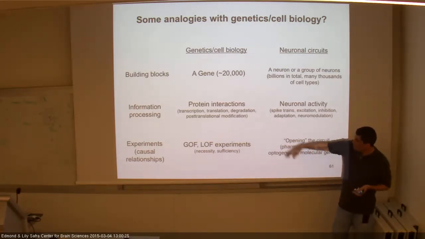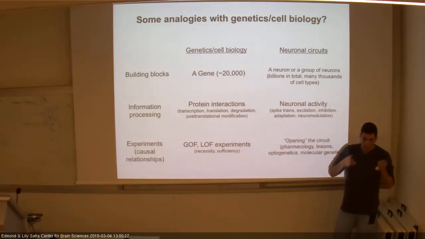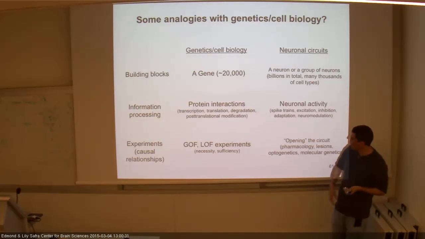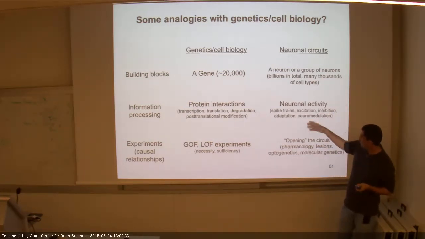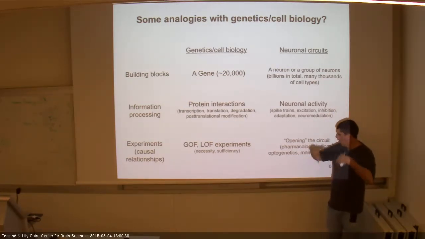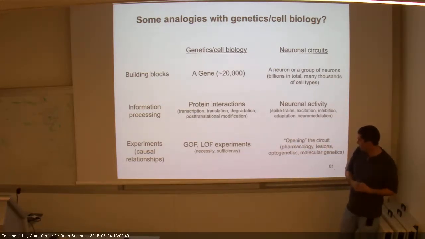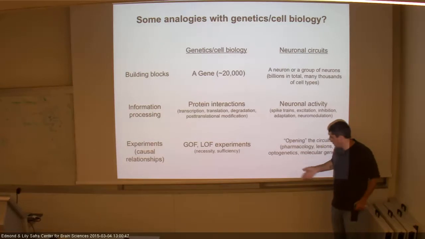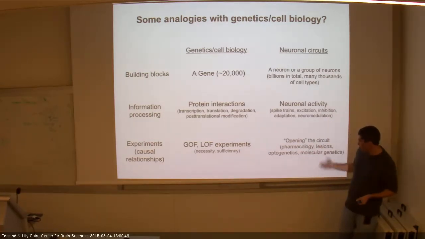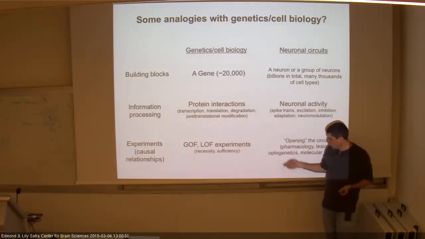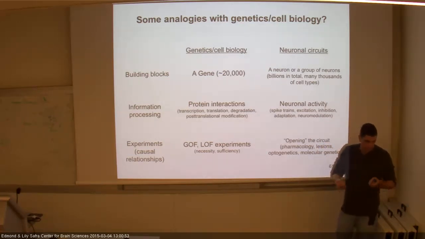When we talk about information processing, which is what you computational people are doing, you look at spike trains, adaptation, and what kind of functions these neuronal circuits perform. And people like me who do experiments are trying to use tools, and you will see this along the course: pharmacology, lesions. The new trend is optogenetics, with which we can really manipulate the system at these time scales.